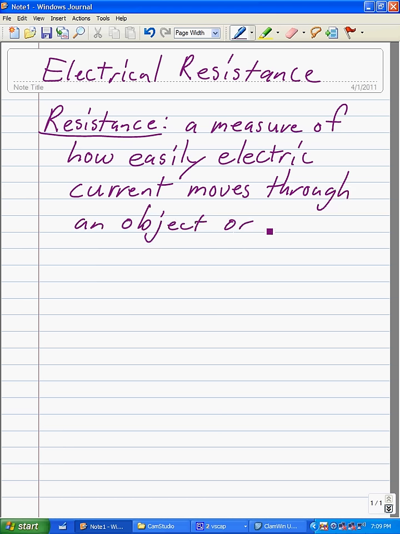So when you hear the term resistance in electricity, it's just how easily electricity can get through something. It's exactly the same as if you were talking about water resistance in pipes.